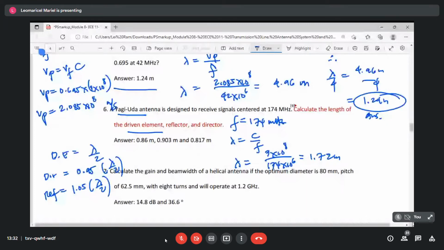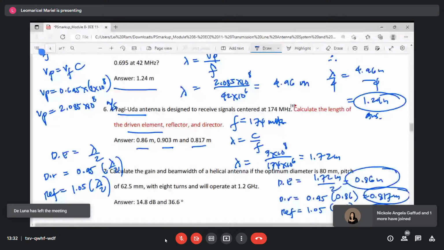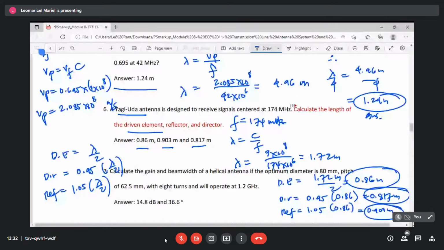So that would be your answer. Okay? So palagi tatandaan that the reflector is greater than the driven element by 5%. Okay? Naintindihan ba? Yes po.